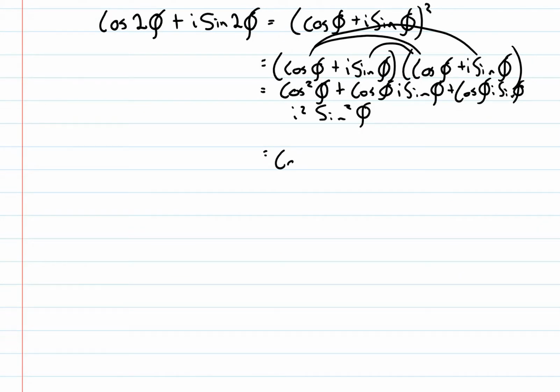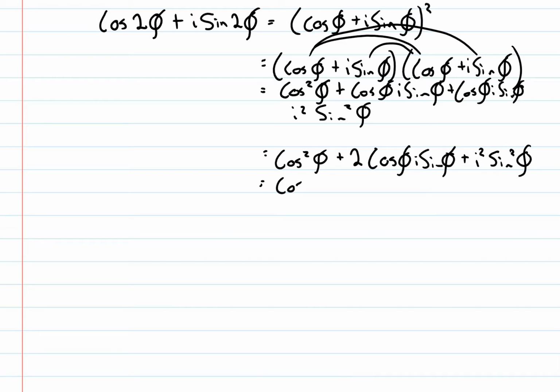So tidying that up, I have cos squared theta plus 2 cos theta I sine theta plus I squared sine squared theta, which will give me cos squared theta plus 2 cos theta I sine theta minus sine squared theta.